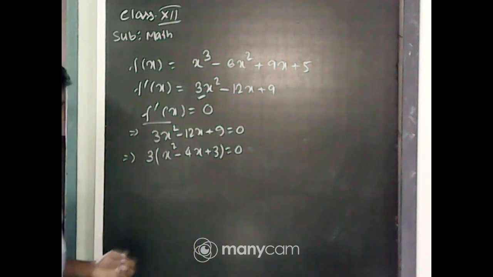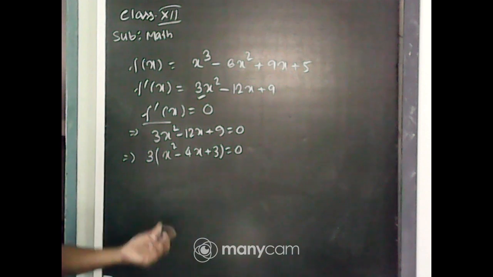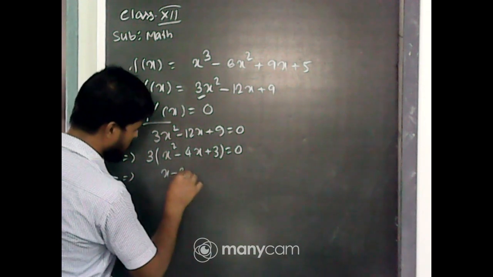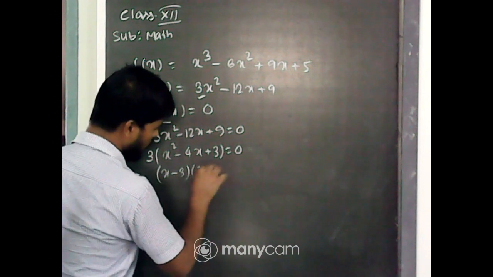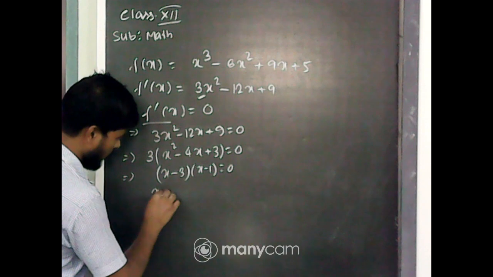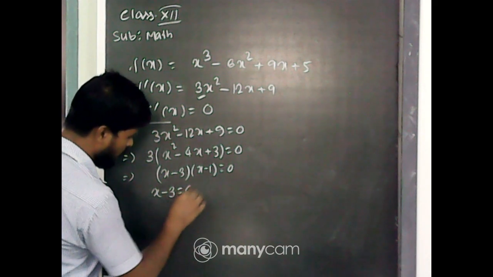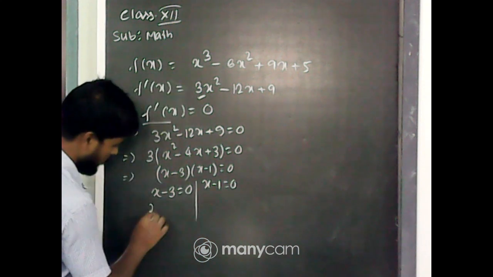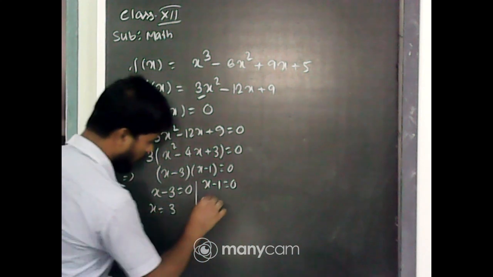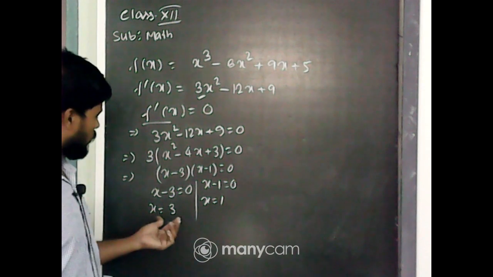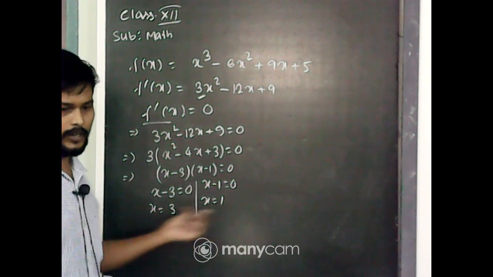Now do the factorization: (x − 3)(x − 1) = 0. So we equate x − 3 with 0 and x − 1 with 0. From here we have x = 3, and from here x = 1. So now we have calculated the critical points as 1 and 3.